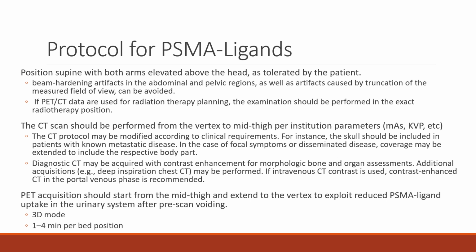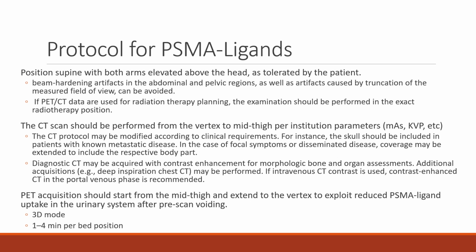That's the best thing to do because you don't want the bladder getting in the way. But it depends on the protocol, and some scanners are quick enough that it doesn't make that big of a difference anyway. Diagnostic CT can be acquired, and also the PET acquisition should start from the mid-thigh and extend to the vertex to exploit the reduced PSMA ligand uptake in the urinary system.